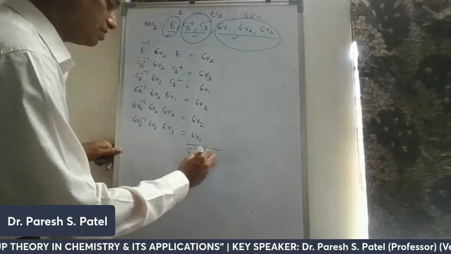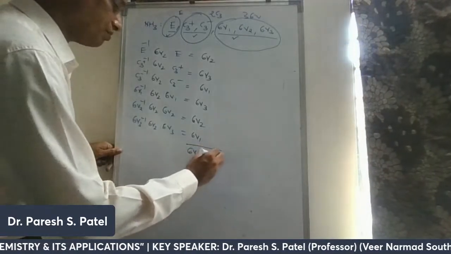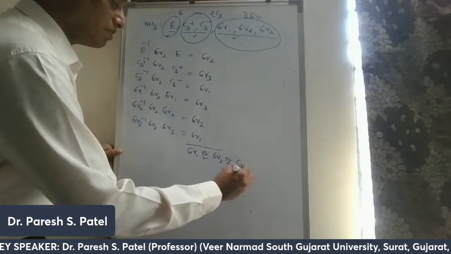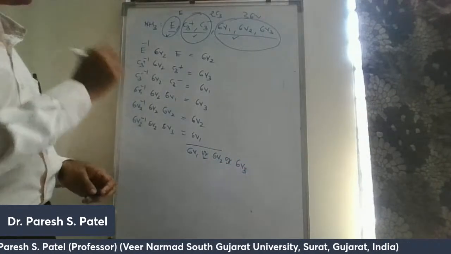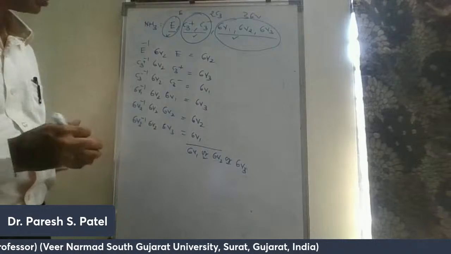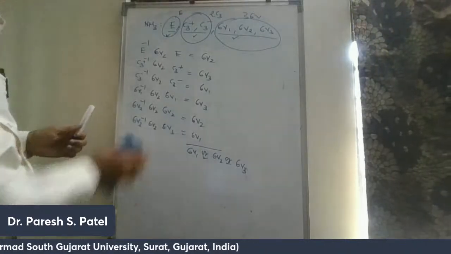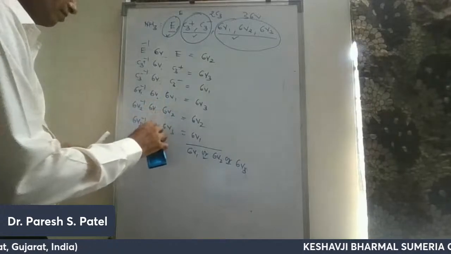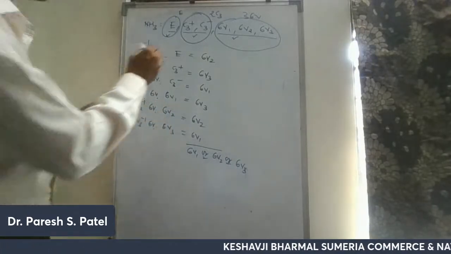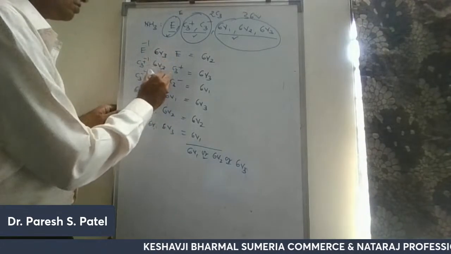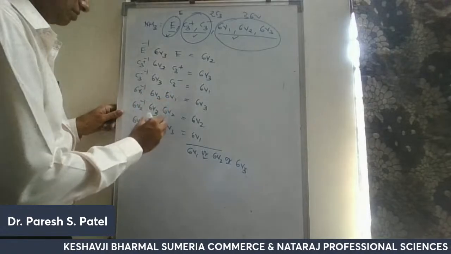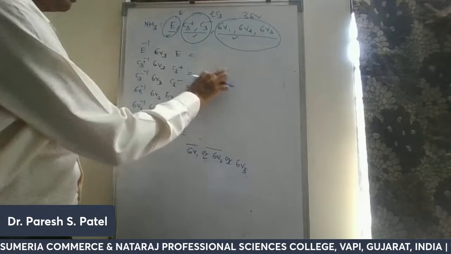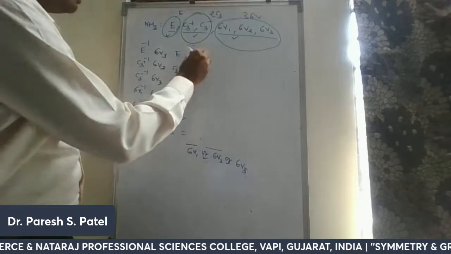Sigma V1 or sigma V2 or sigma V3, or we can say sigma VA, sigma VB, sigma VC. It means sigma V1, sigma V2, sigma V3 conjugate to one another to form a combined class. Similarly, the last one is sigma V3.